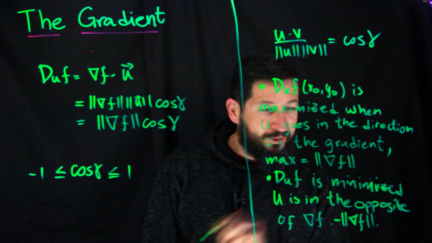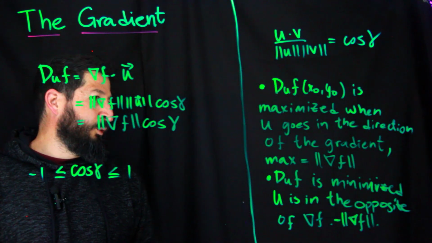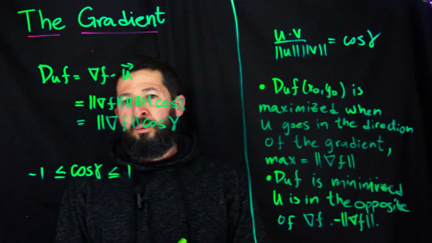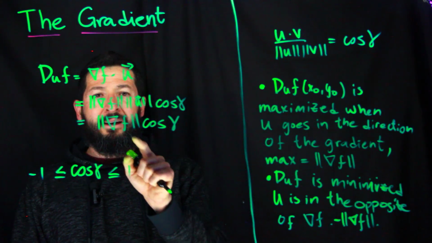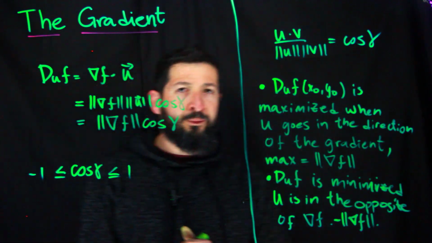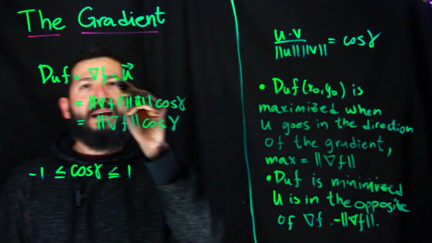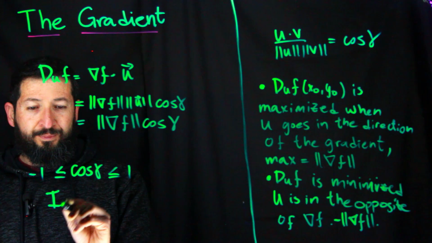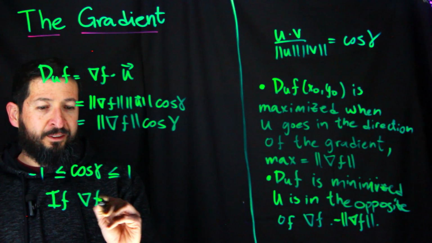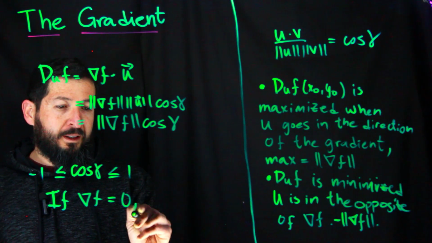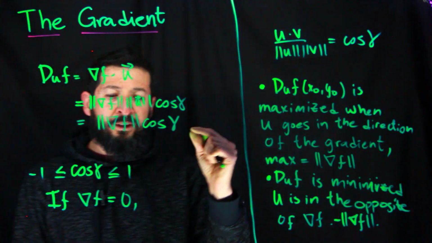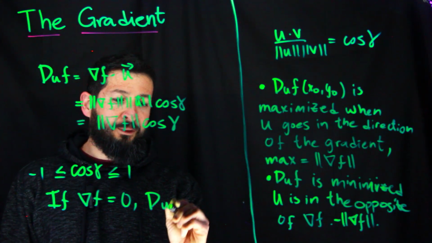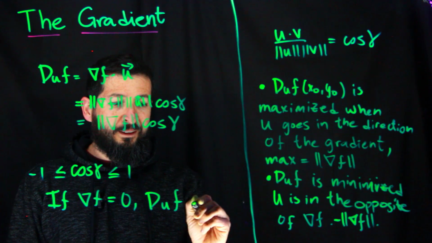And there's one more thing we can talk about: what happens when the gradient happens to be 0? If the gradient is 0 at a certain point, then the directional derivative in any direction for that function is equal to 0.